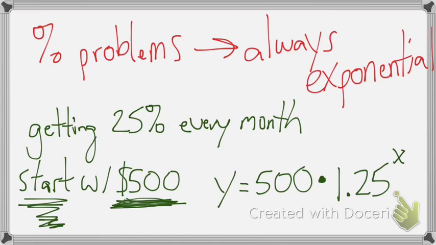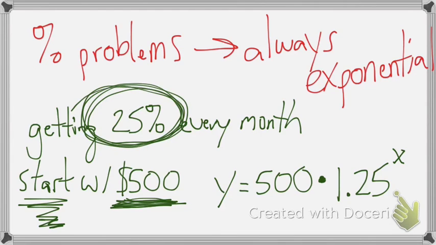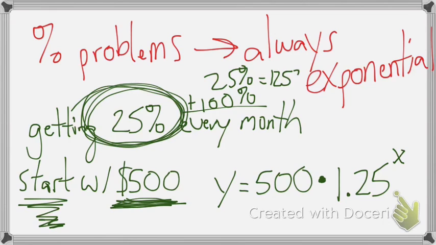Okay, and the reason it's 1.25 is because, remember, 25% is what we're gaining. That's how much more we're getting. But we'd have to take that 25% and add it back to our original amount, which is 100. Okay, and 100 plus 25 would be 125.